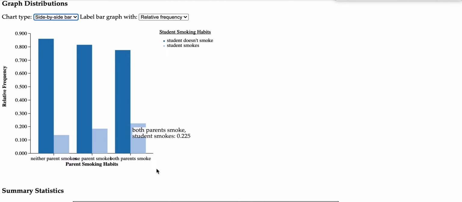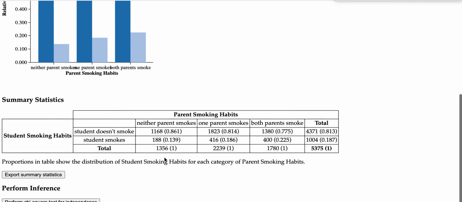Okay, if you want to go in terms of looking at the percentages, again, no parents smoking, about 13 or 14% of students actually smoked, and then when both parents in the household did smoke, it went up to about 22.5%. All right, it's the opposite for when students don't smoke.